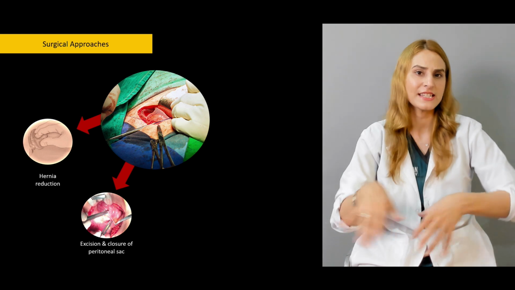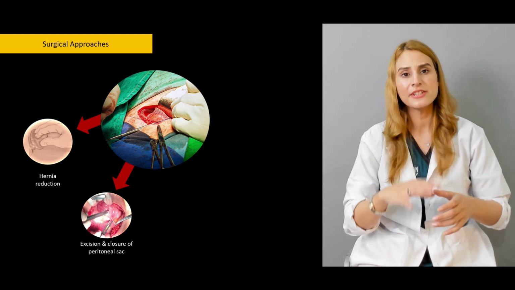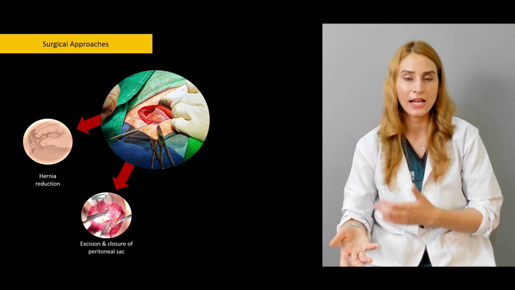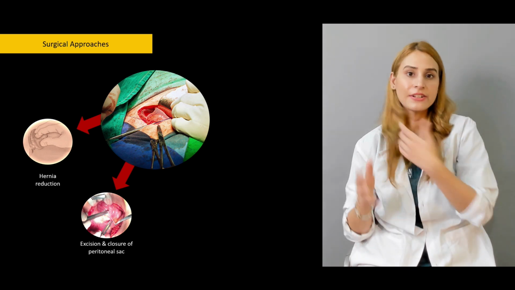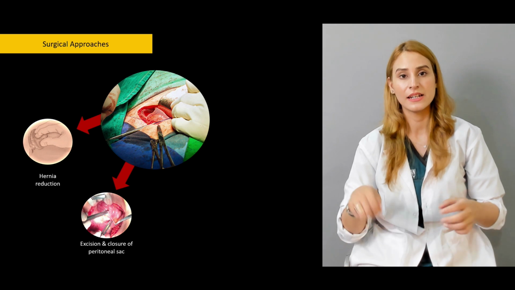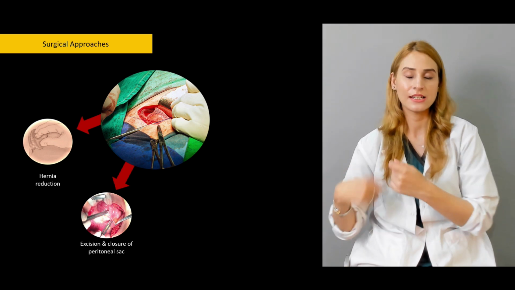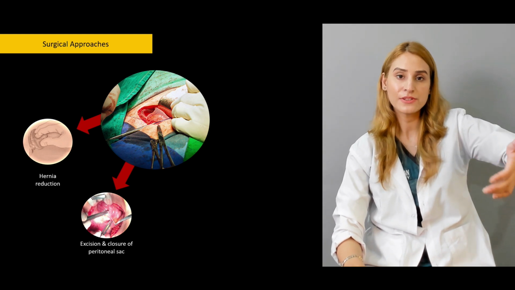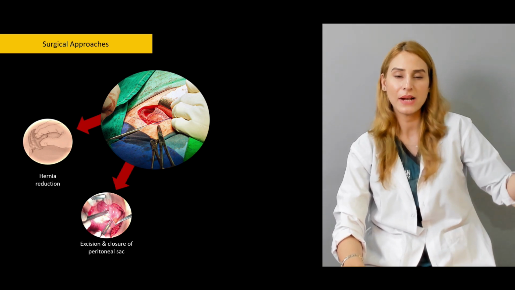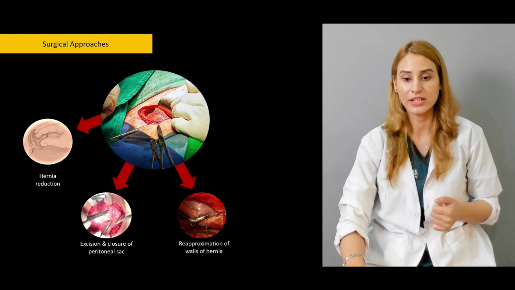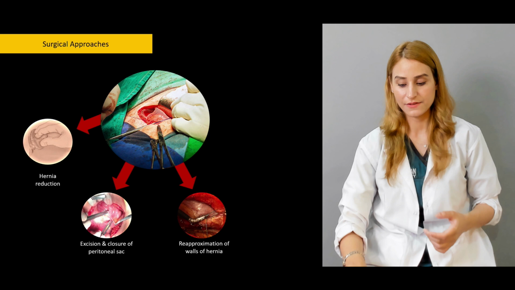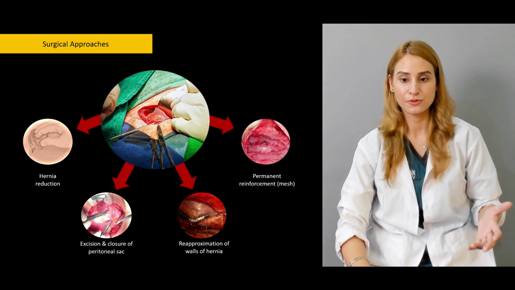The extra tissue is excised, the peritoneum is closed, and the defect is closed, and then the abdomen is closed in layers, posterior rectus sheath, then rectus muscle is sutured, and anterior rectus sheath, and that's how you do it, right? So the important thing is you need to close the peritoneum, you need to push the contents back into the peritoneal cavity. Or you also do the reapproximation of the walls of the hernia in case of surgical approaches.